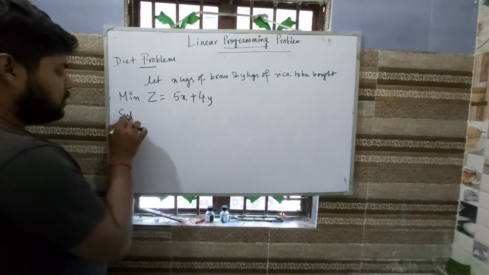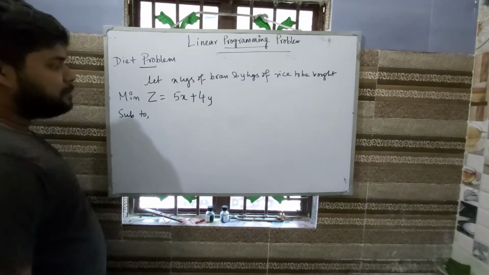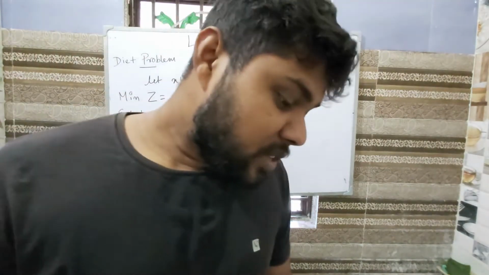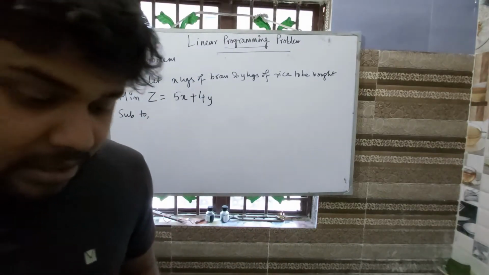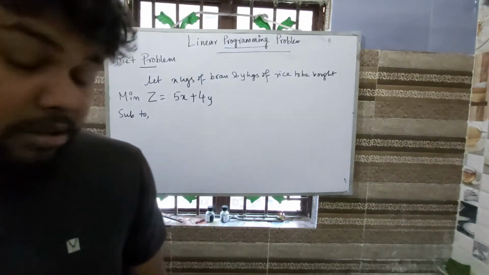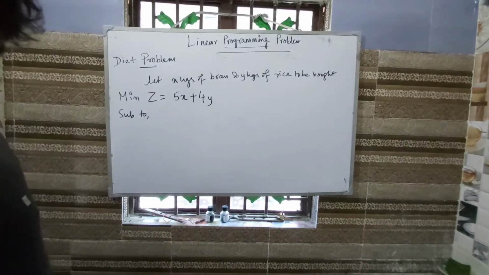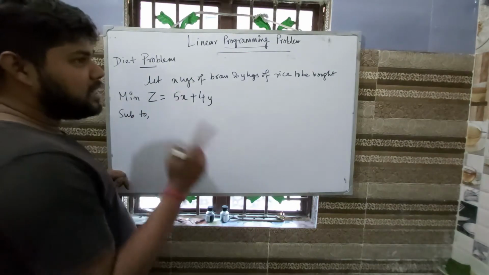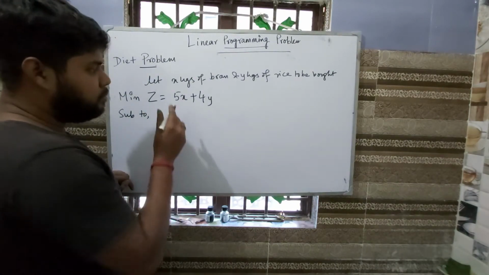Now, subject to the constraints, what are the constraints you have? That at least 36 milligrams of iron and there should be 88 grams of protein. Now, bran contains 80 grams of protein. So 1 kg of bran contains 80 grams of protein.